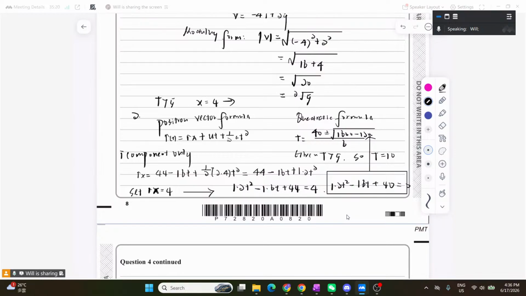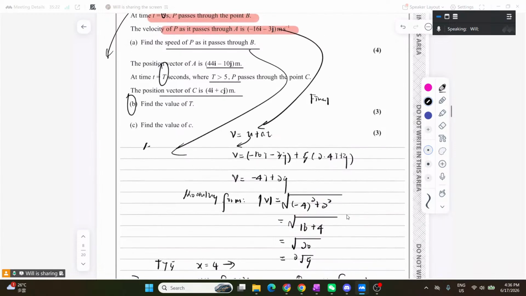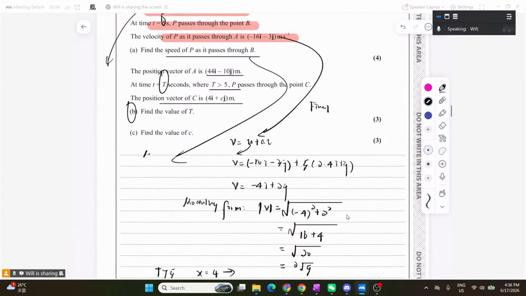This one, question C. Question C wants us to find the value of C. How to find C?